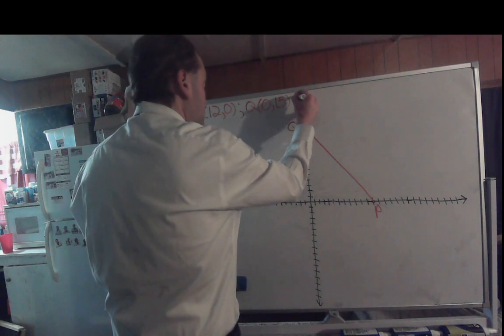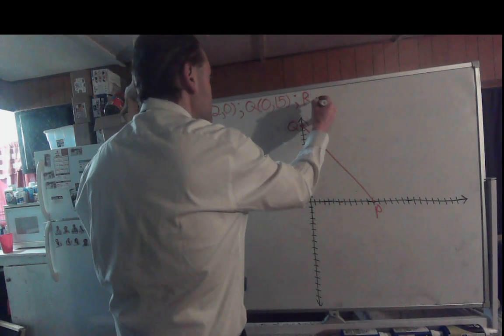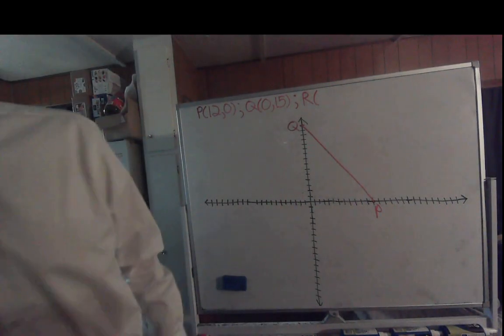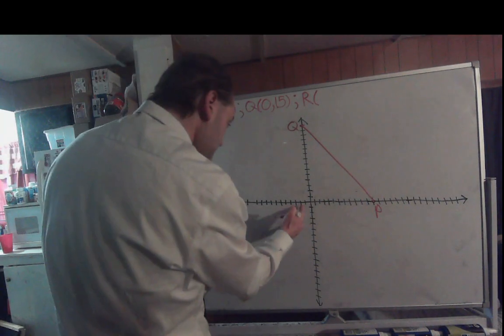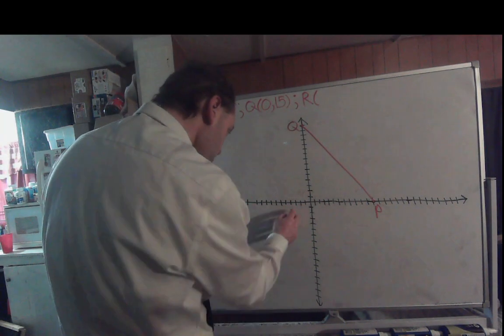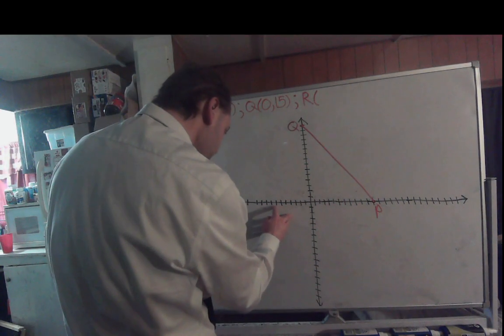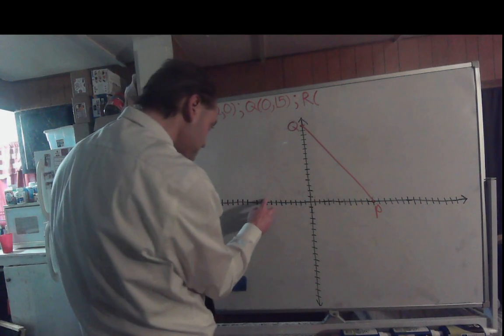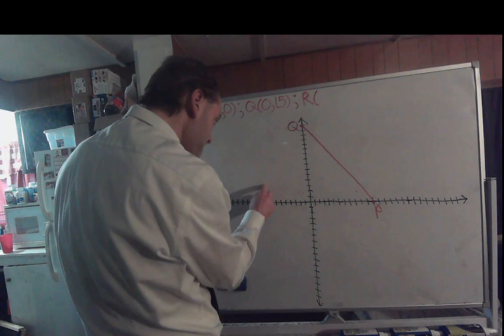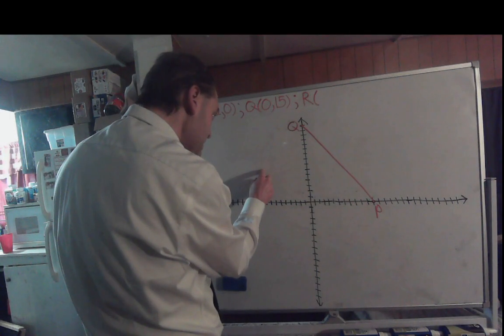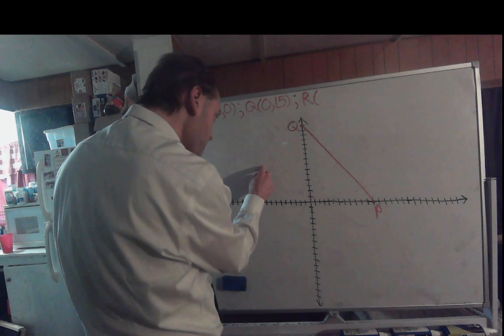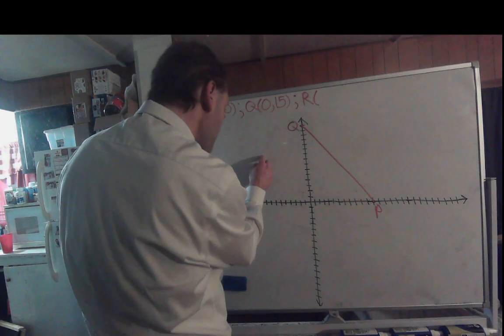So what is R? Let's find out what R is. R is located at negative 9, 6. 6, 7, 8, 9. Right there.